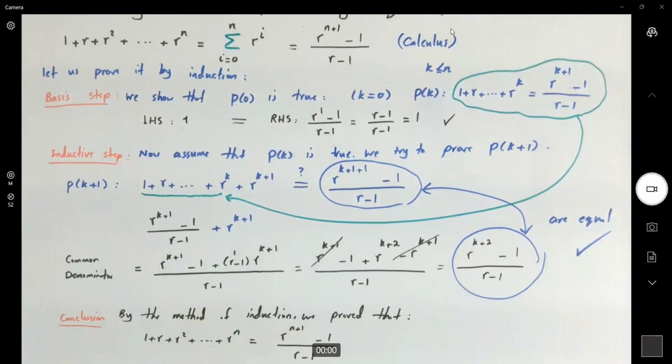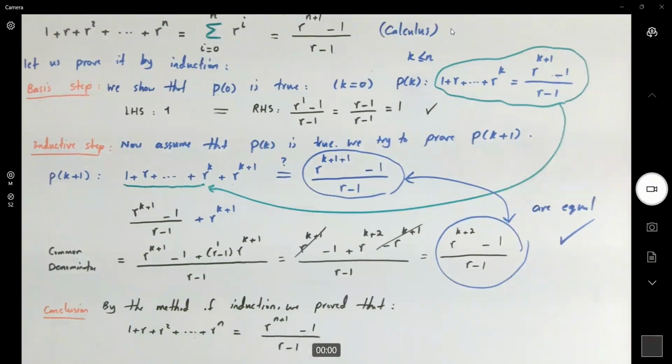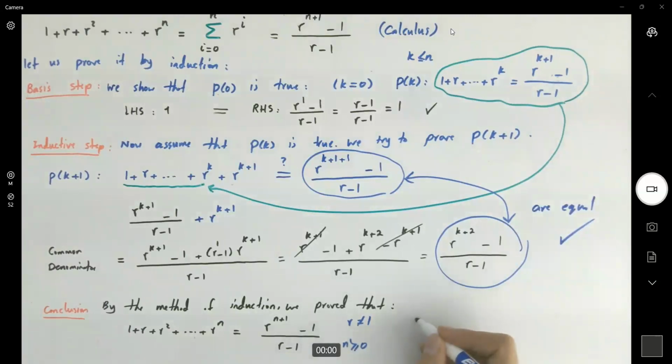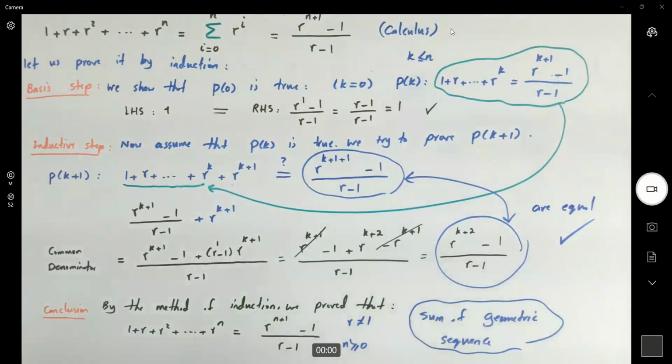So if on the exam I ask you to prove the sum of the geometric sequence, you need to know the formula. You need to memorize it or write it on your note and have this formula ready. This is the sum of a geometric sequence.